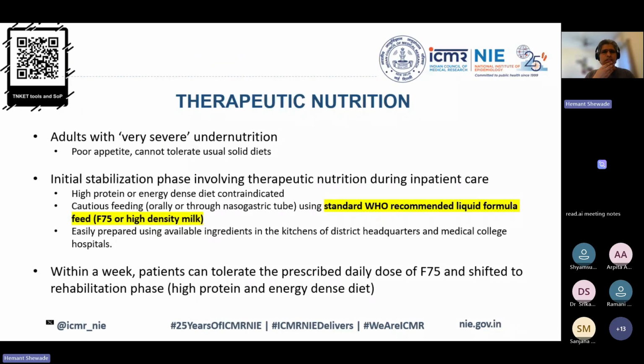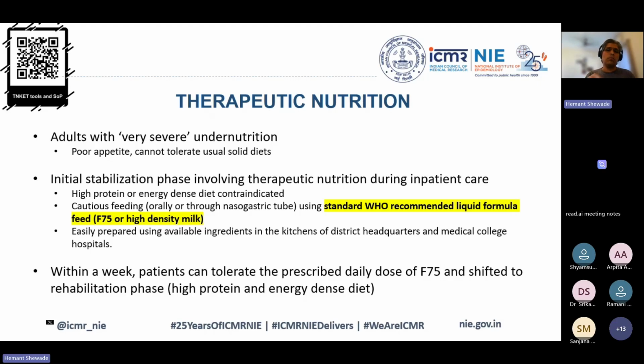A slide on therapeutic nutrition. This is for adults with very severe undernutrition, most of whom have poor appetite and cannot tolerate usual solid diets. Actually, a high protein or energy dense diet is in fact contraindicated for them. So they need to be provided inpatient care, and during the initial stabilization phase, provided therapeutic nutrition.